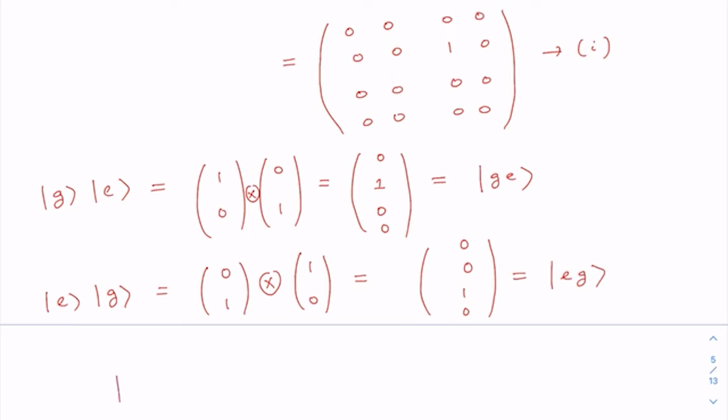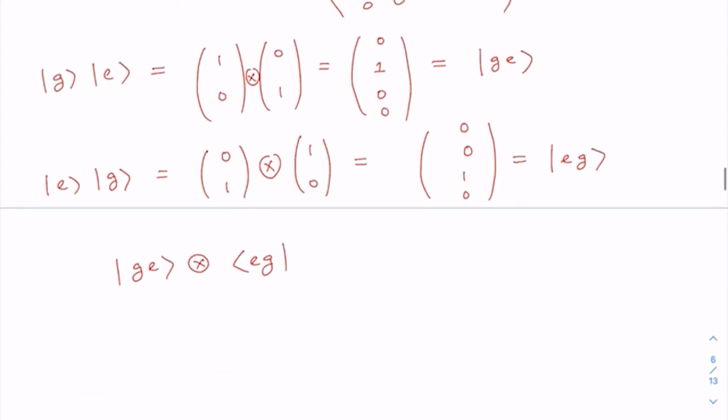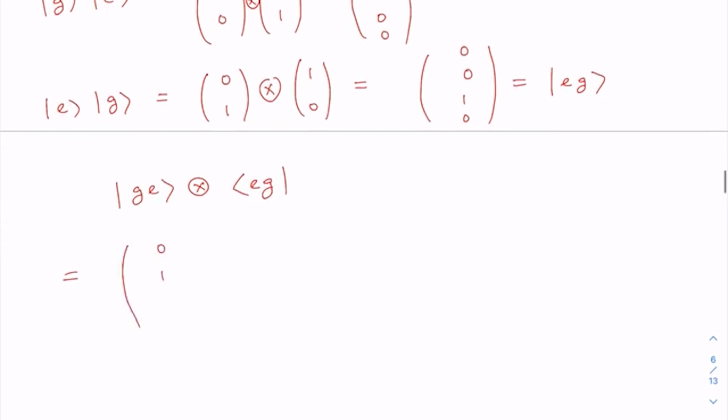Now the tensor product of ket z e and bra e z, that would be ket z e we have worked out, and that is 0 1 0 0, and this would be the row vector.